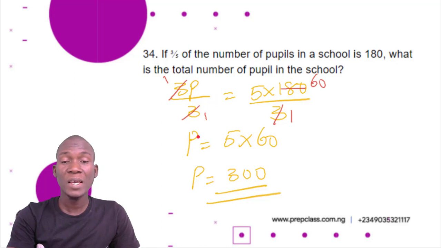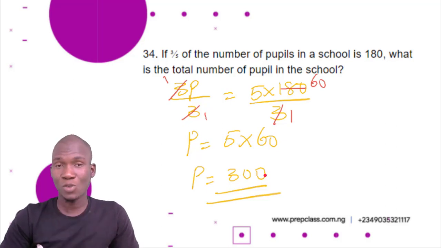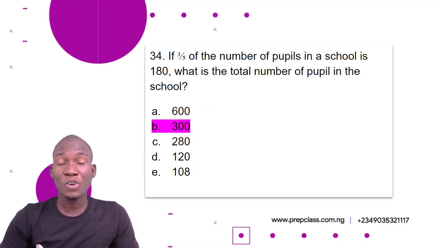Now we have P equals 5 multiplied by 60, and 5 times 60 gives us 300. So there are 300 pupils in the school. The correct option is option B, 300.